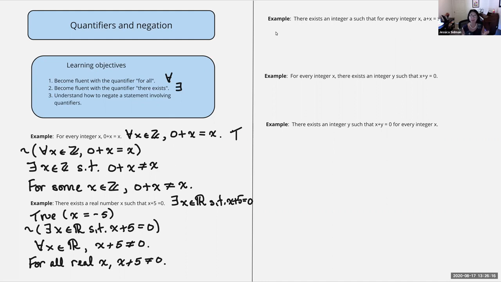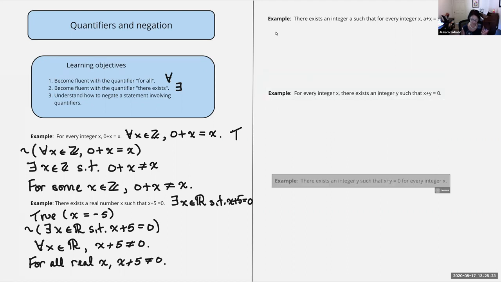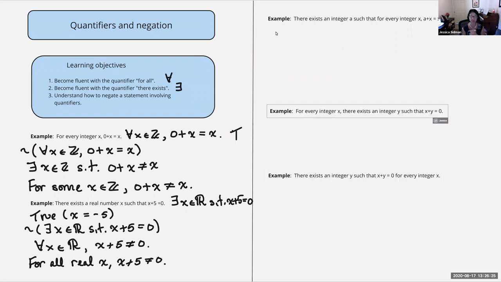These are a little more complicated. They have a mixture in them of the two existential quantifiers. Okay, so the first one: there exists an integer a such that for every integer x, a plus x equals x.